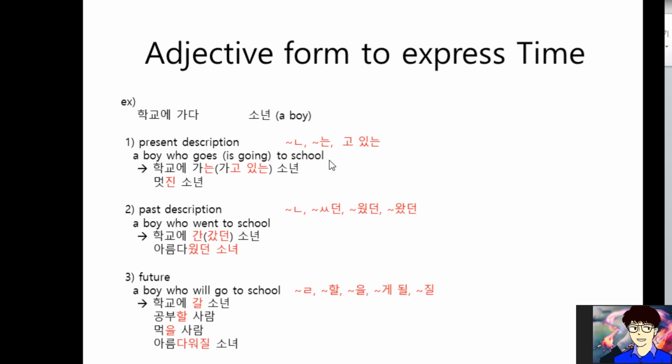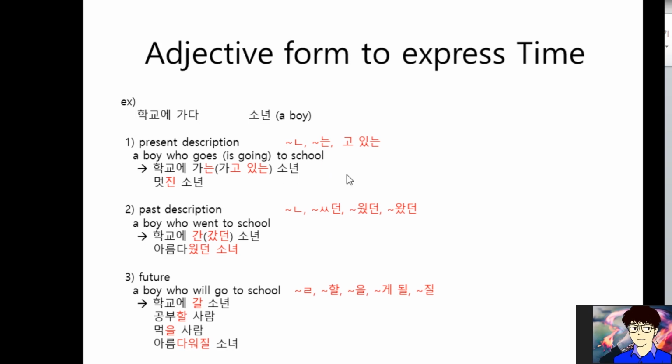In that case, you have to say 학교에 가는 소년. However, if you want to say a boy who is going to school, in that case, you have to say 학교에 가고 있는 소년. So 고 있는. You can understand me, right?